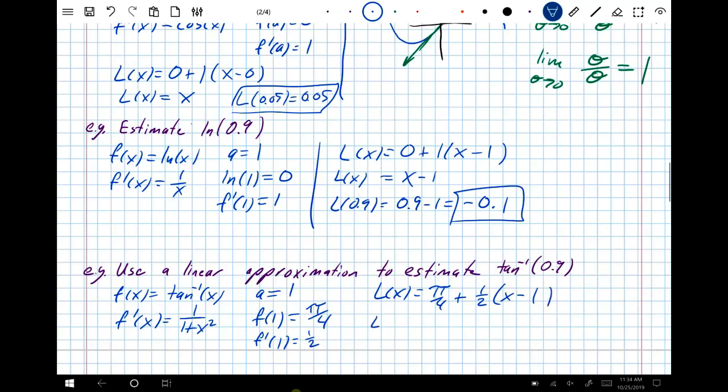And I just got to plug in L of 0.9 is pi over 4 plus 1/2 times 0.9 minus 1. Pi over 4, and then this is negative 0.1. Half of negative 0.1 is minus 0.05.